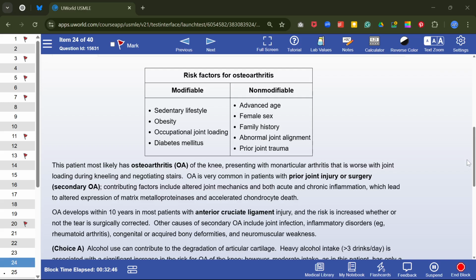The risk is increased whether or not the tear is surgically corrected. Other causes of secondary osteoarthritis include joint infection, inflammatory disorders, rheumatoid arthritis, congenital or acquired bony deformities, and neuromuscular weakness.